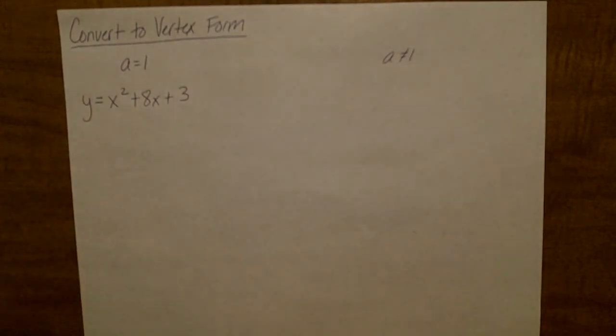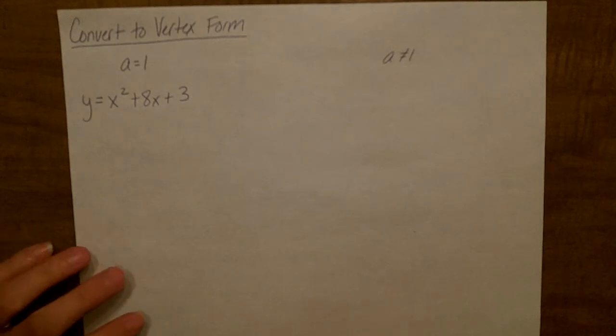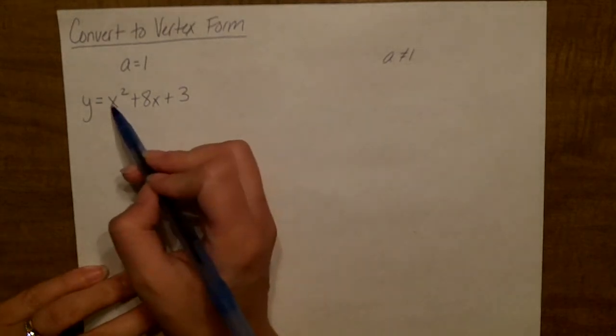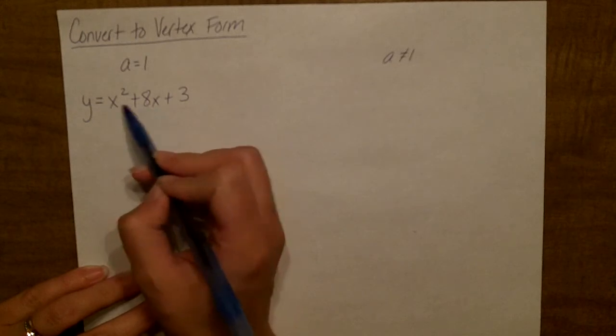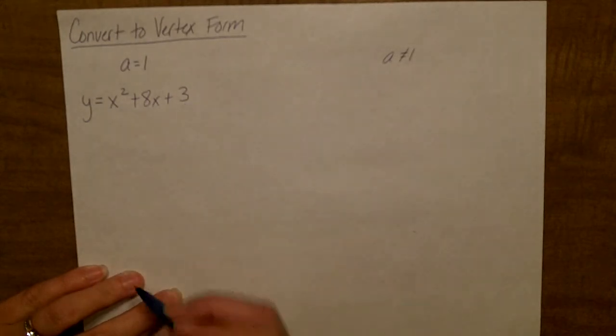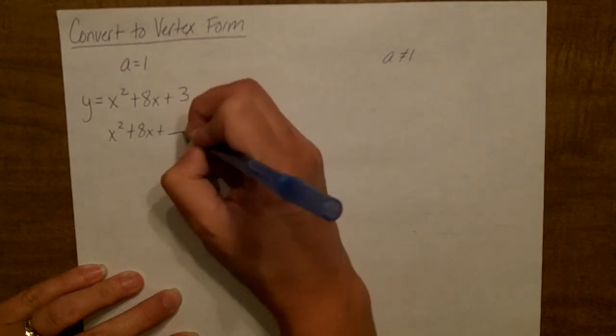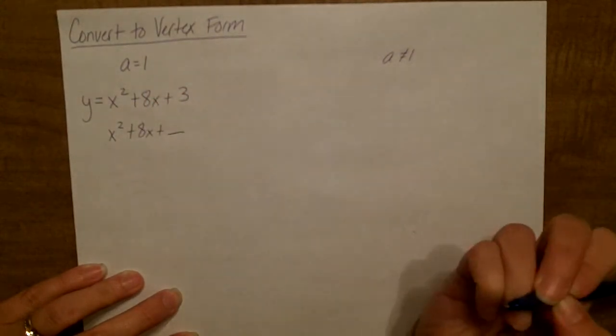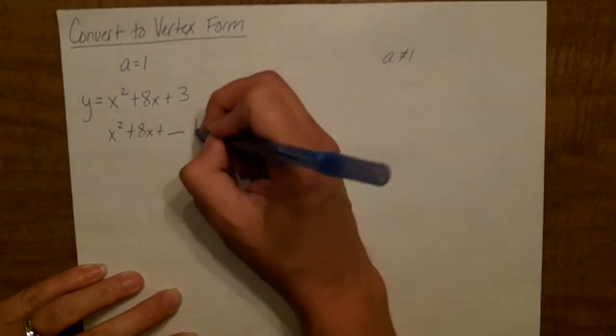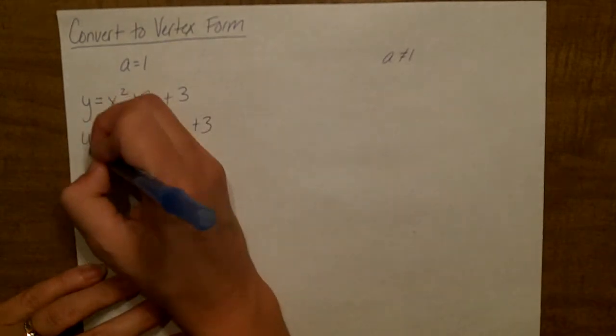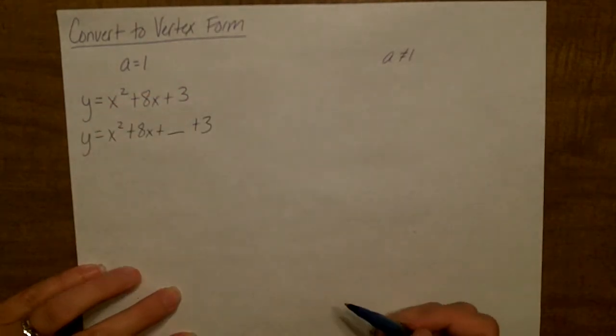So if I have this general form equation, I need to create my own perfect square. So I'm going to look at the x squared and the x term and ignore this 3 on the end. I know that that's not the number I want, so I'm going to leave a blank so that I can put in the number I do want and just slide that 3 over out of the way.